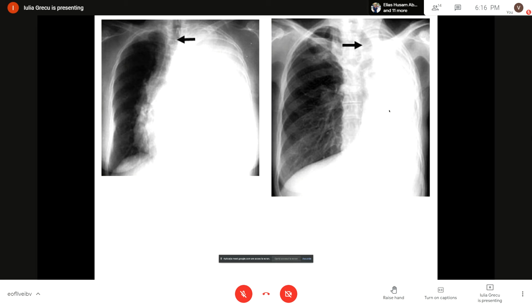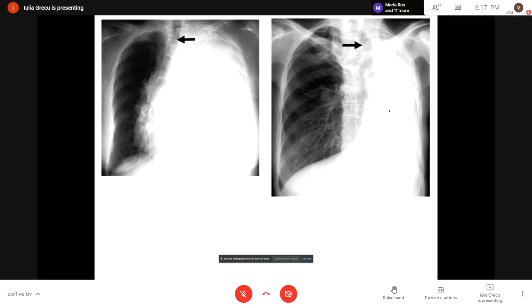So when you find yourself, okay, Joachim, thank you. When you find yourself in this situation in which you have a massive opacity that fills an entire hemithorax, you will have to be very careful in studying the mediastinal shift.